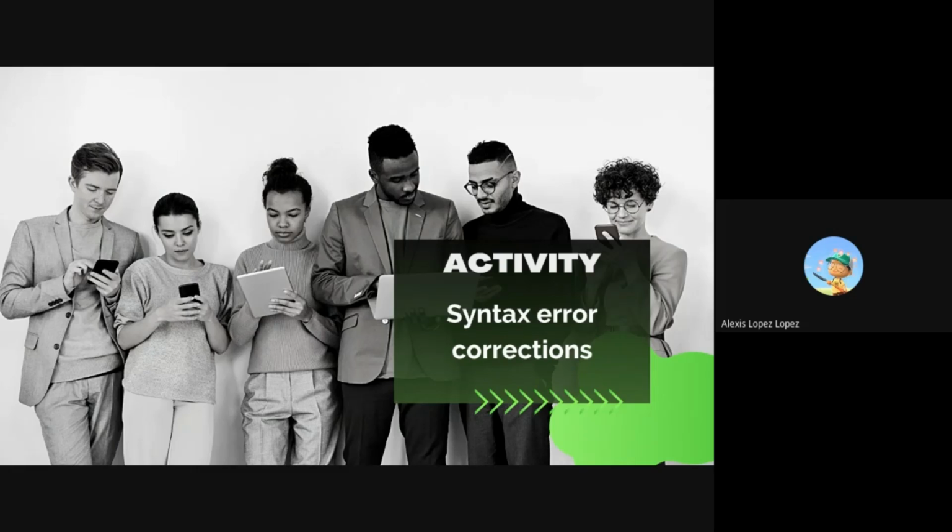I'm gonna split you up in pairs, and we're gonna work on a Jamboard. I'm gonna give you the fragments of text, so you work with them and analyze them in pairs and make the corrections on the syntax.